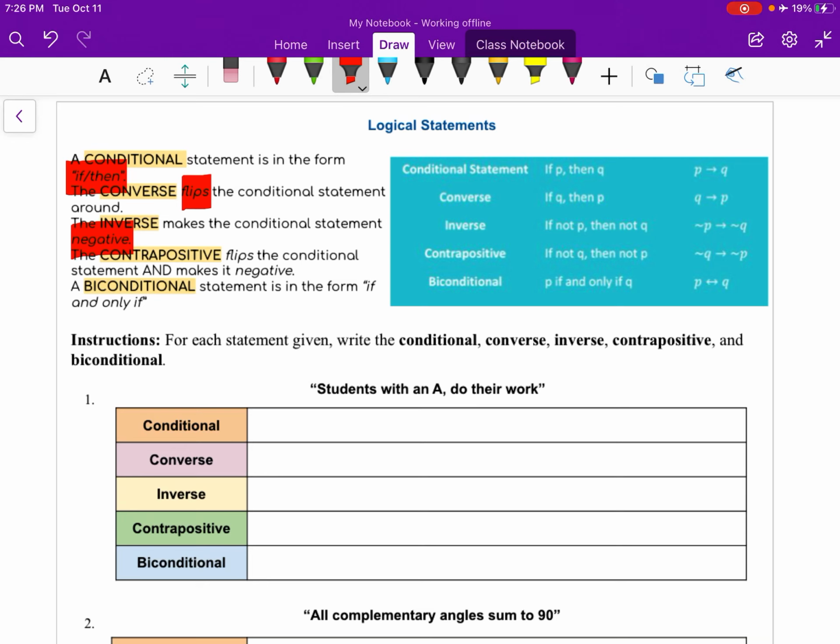Now, the contrapositive would take a statement and switch the order as well as making that statement negative. Finally, the biconditional is a special type of statement that contains the words if and only if.